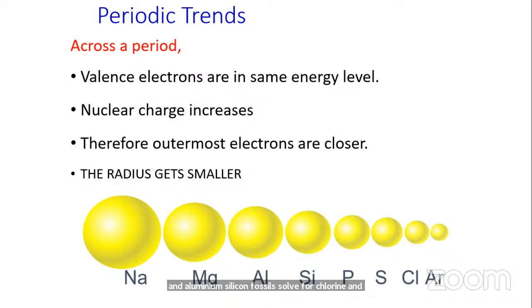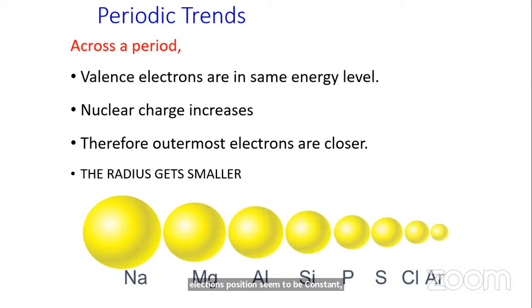All these elements have their valence electrons in the third energy level. Although in sodium it is in the 3s orbital, in aluminum to argon the valence electrons are in the 3p orbital, but all of them are in the third period. So within a period, the valence electrons are in the same energy level. And also as we go within the period, the valence electrons' positions seem to be constant.